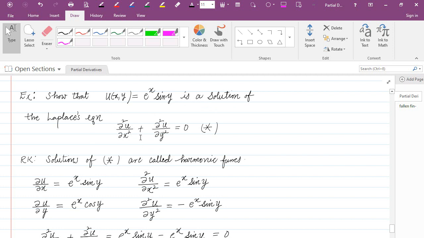Solutions of the Laplace equation are called harmonic functions. So basically we are trying to show that this function here is a harmonic function.